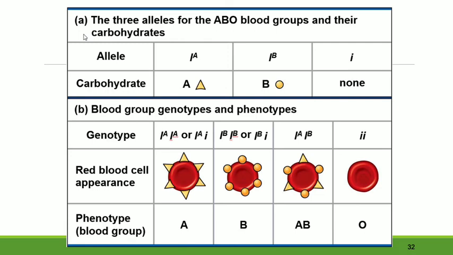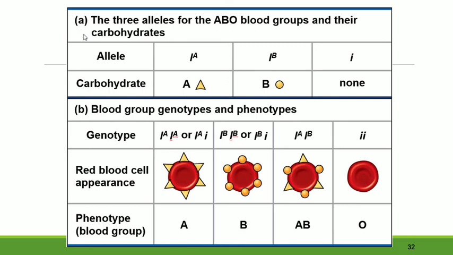shapes as self, right? This is how we spot intruders in our blood and lymph, by white blood cells feeling around the outside shape of everything that they touch. And if they see either of these carbohydrate shapes, they're like, oh yeah, that's our own body, that's fine.